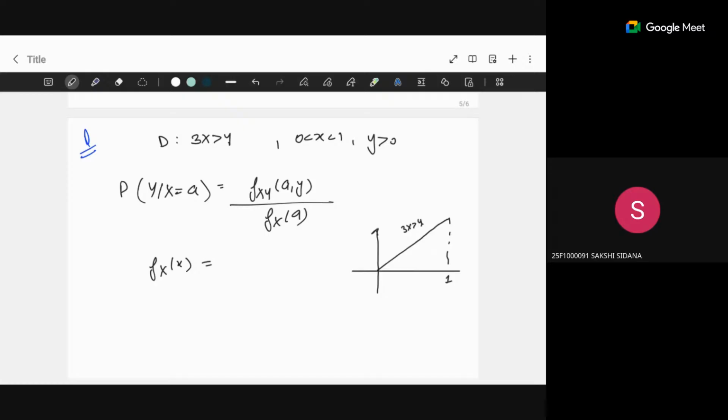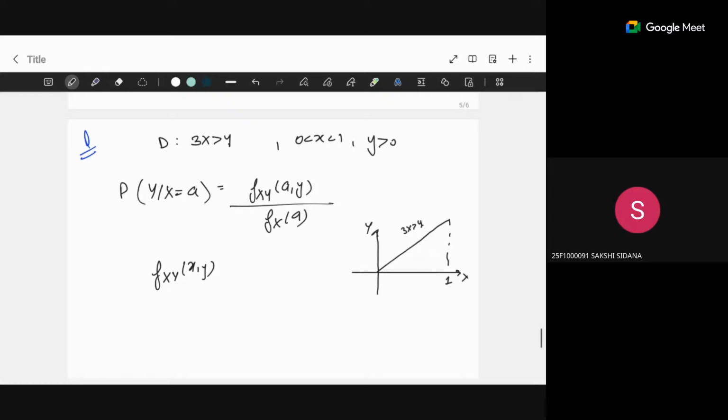First of all, I need to find out f of x, y. Can you tell me f of x, y? First of all, this is my figure, right? So this will be 3x greater than y. This is y and this is x. My x is going from 0 to 1 and my y is greater than 0. Correct?